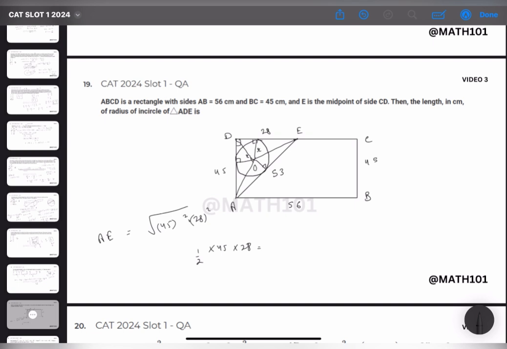It is also, let the center be O, so it is also the sum of areas of triangles AOD, EOD, and EOA, which are half into R into 45 plus R, because R is the height for each of these triangles. R into 45 is this area, half R into 28 is the area of this triangle, plus half R into 53.